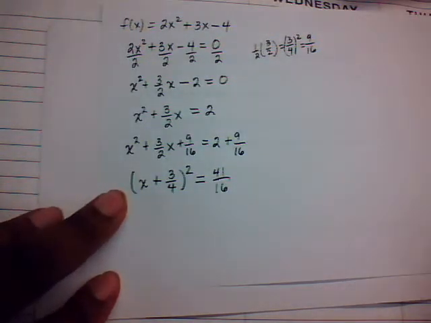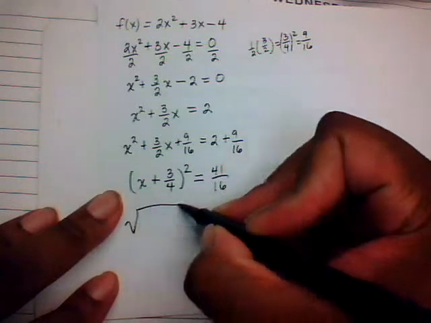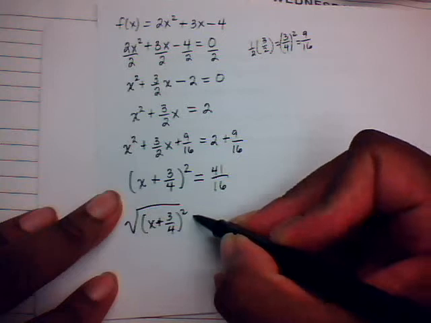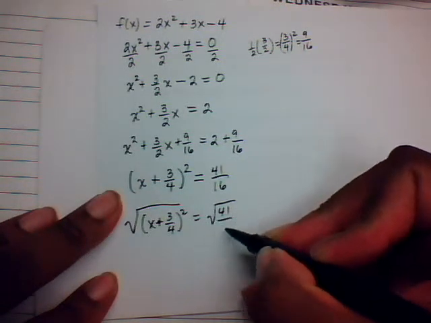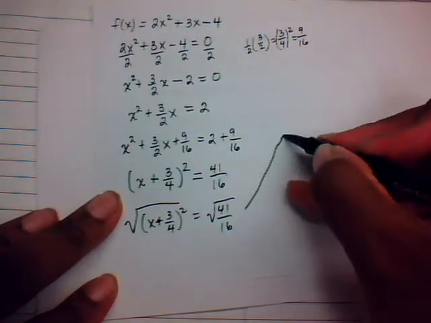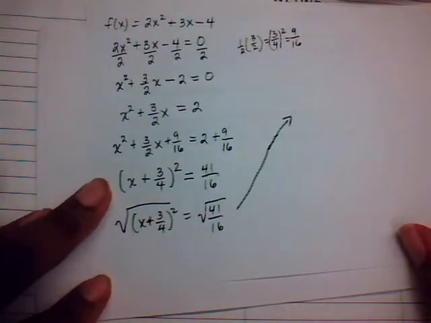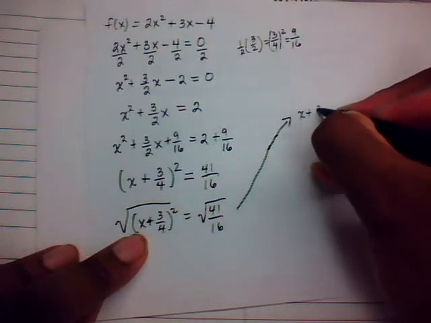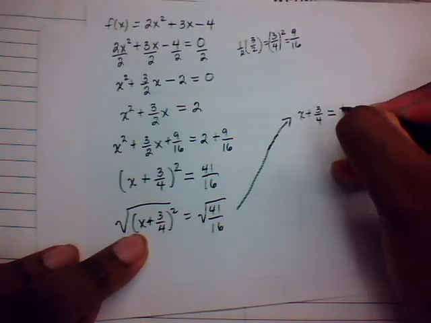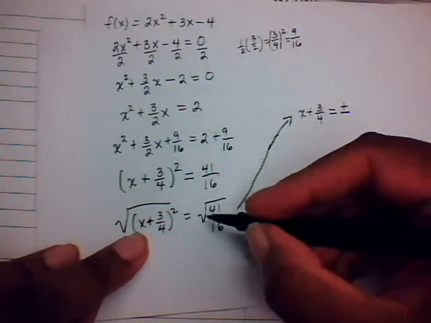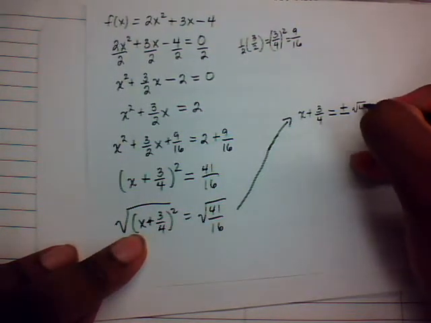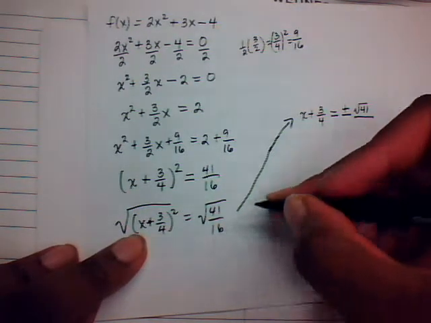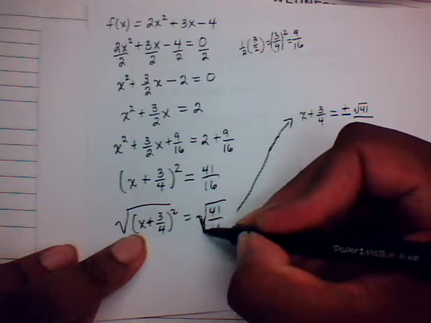Now, let's go ahead and take the square root on both sides using the square root property. And I'm going to have to continue this up here. The square root of x plus 3/4 quantity squared is just simply x plus 3/4. And that's equal to, bringing in plus or minus, we can't take the square root of 41, so we'll just leave that as is, over the square root of 16, which is going to be 4.